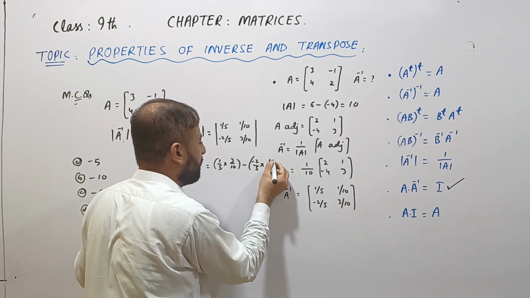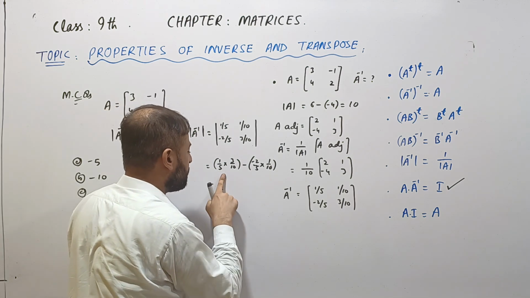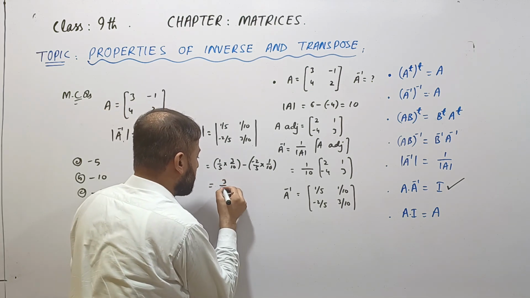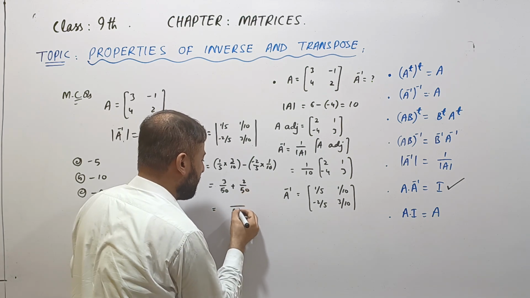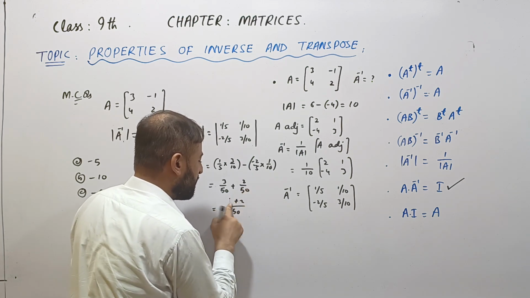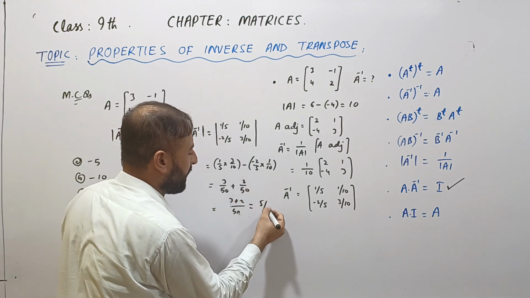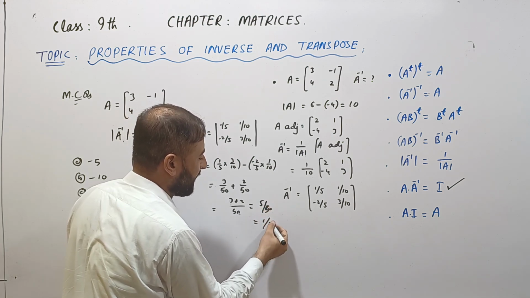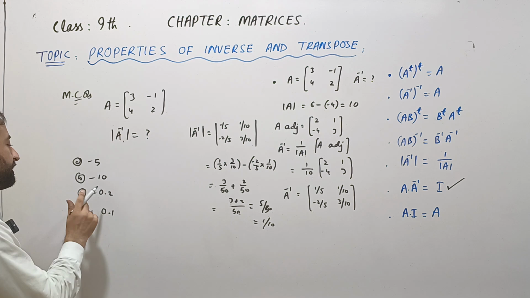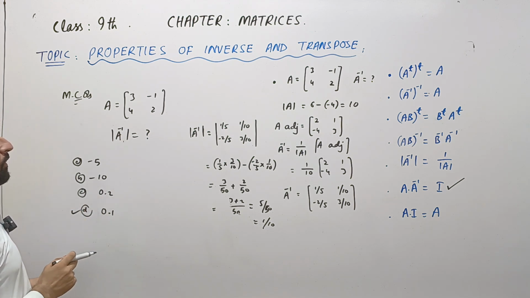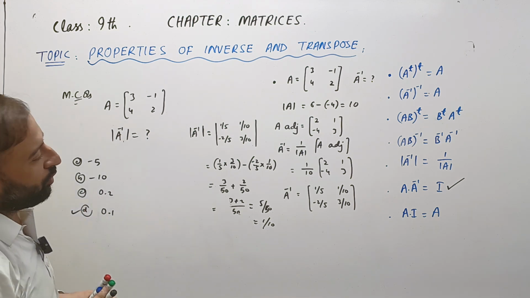My sweet students, 3 divided by 50 plus 2 divided by 50, 50 LCM, 3 plus 2 is equal to 5 by 50 is equal to 1 by 10 is equal to 0.1. So simple, 0.1. Right, students? Okay, 1 by 10.